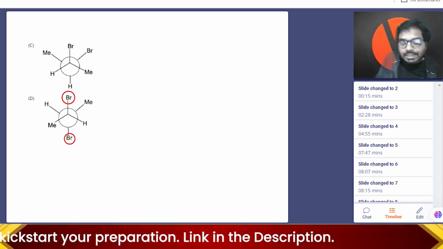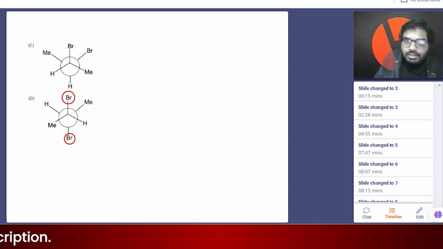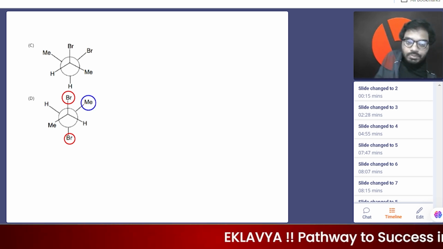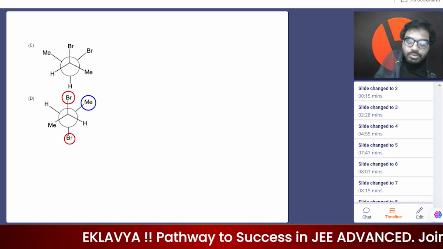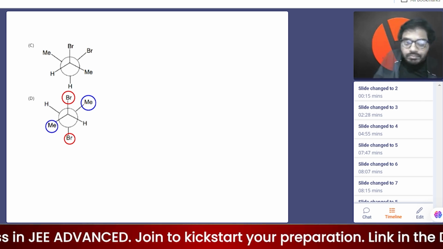The more the distance between the bulky groups, the less the repulsion, and the more stable the conformer. And we can say even the 2 methyl groups are also present at opposite points, at a 180-degree angle.